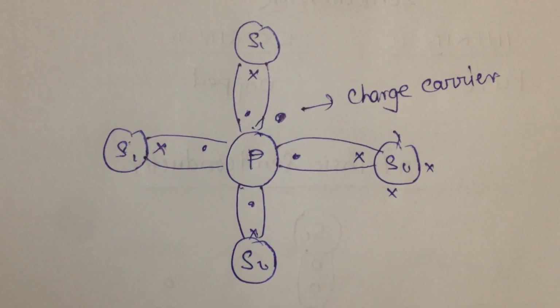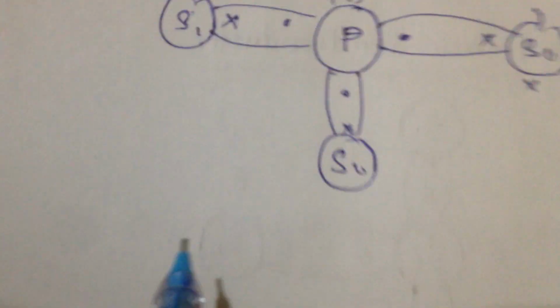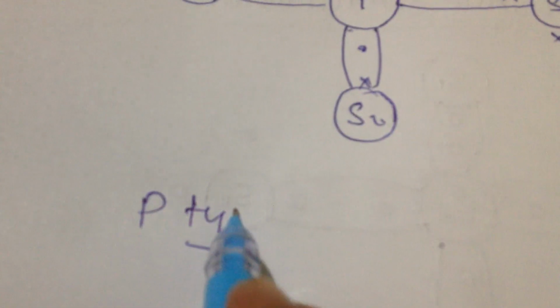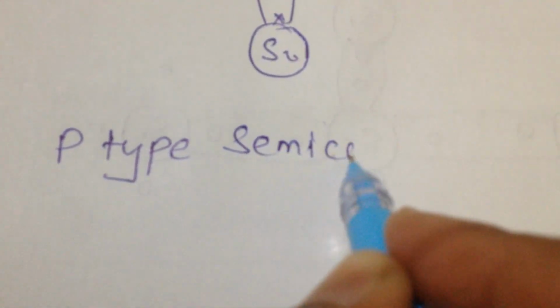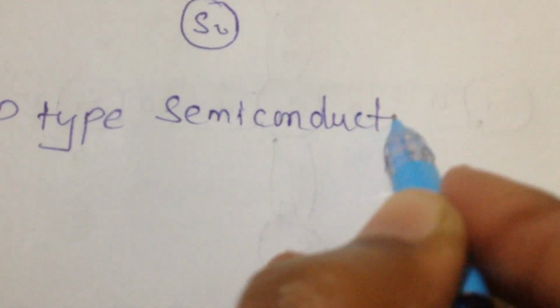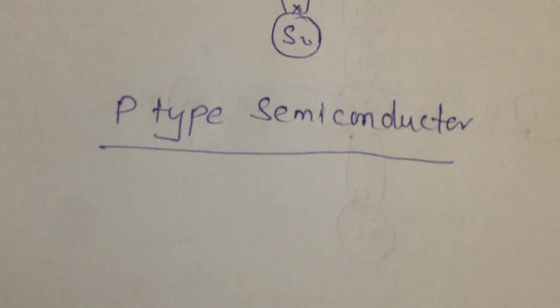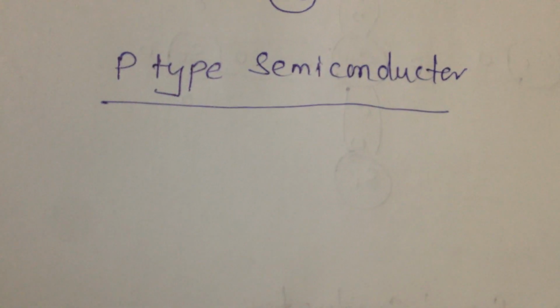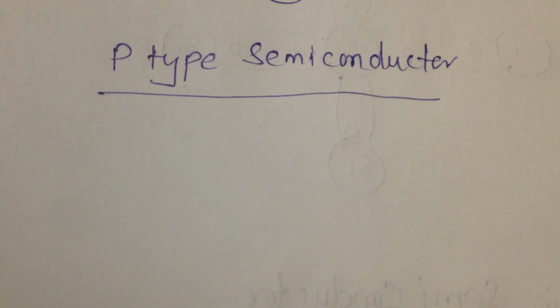Now I will tell you what a P-type semiconductor is. In the N-type semiconductor we added a pentavalent impurity.